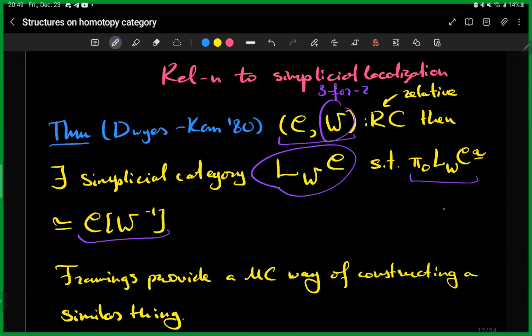This is called simplicial localization, or Dwyer-Kan localization, or hammock localization.